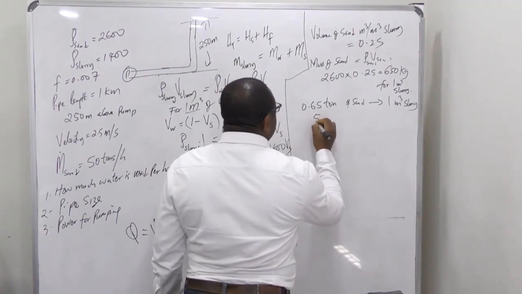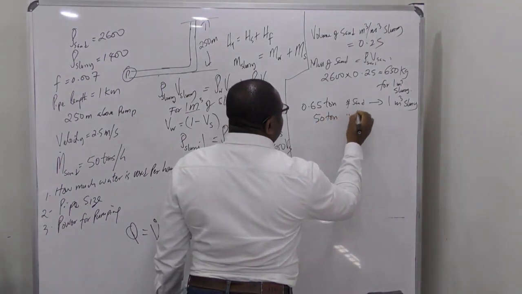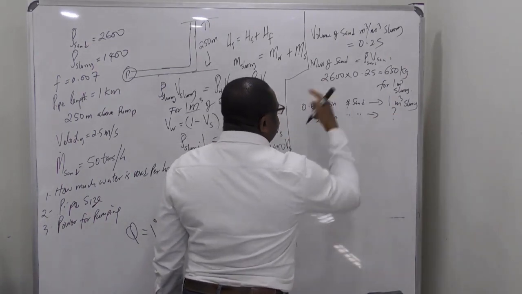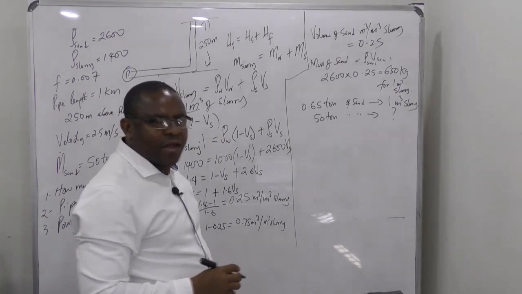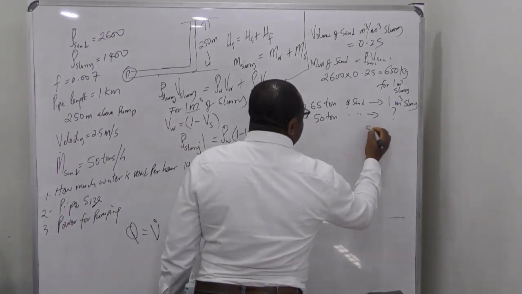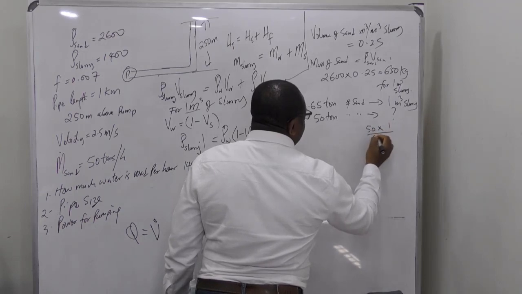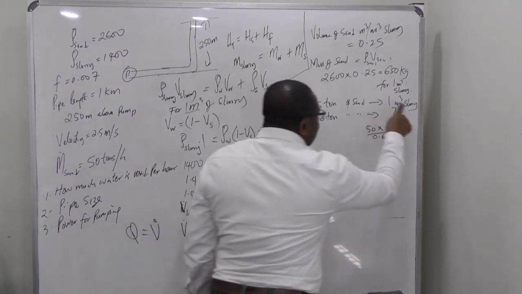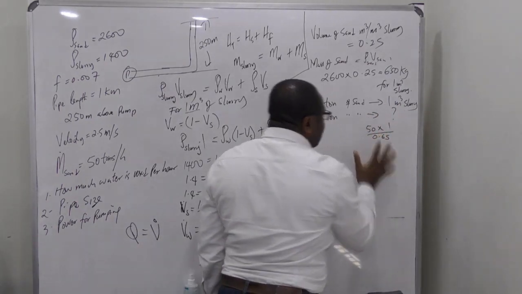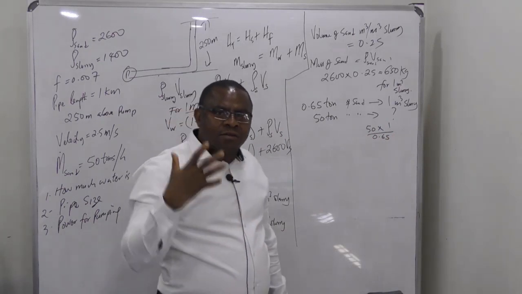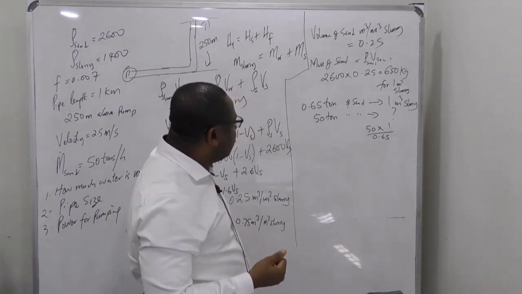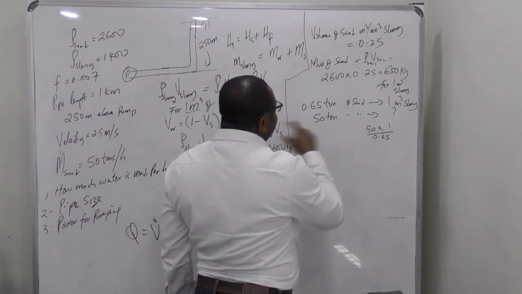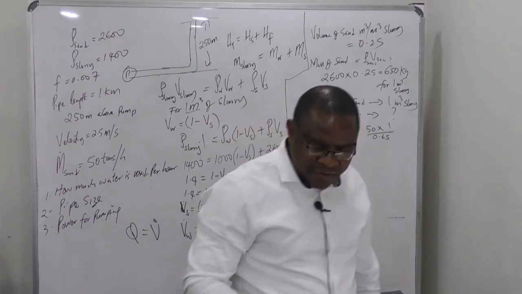So what will be 50 tons? You just use primary school. Just this times this over that. Which will be 50 times 1 over 0.65. What I've gotten now here will be the actual volume of the slurry from which we will be able to get about 50 tons of dry sand.